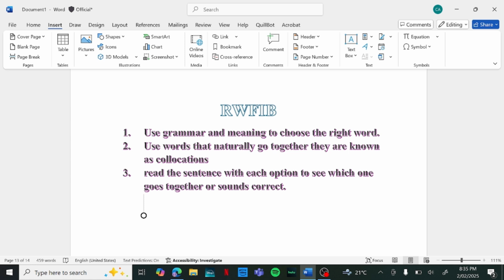Always read to be sure, because in the exam hall you might be under so much tension and pressure that you might even think she were a person sounds about right, to be very honest, and you might just end up selecting the wrong thing. So always make sure to go over the sentence in your head, say it out, read the sentence. She were a person, that makes no sense. She's a person, oh, that sounds about right. So read the sentence just to make sure that whatever option you're choosing sounds right or goes together, because in that situation, that is your correct answer.